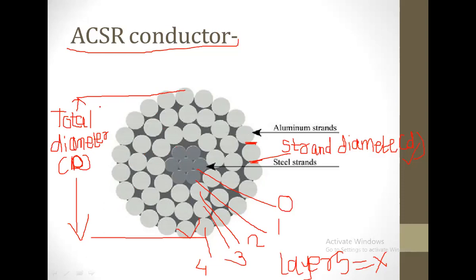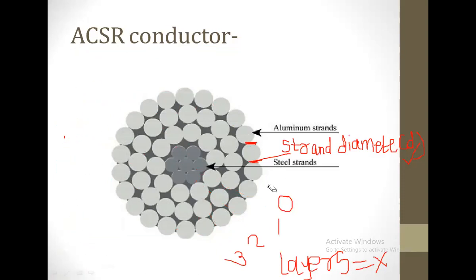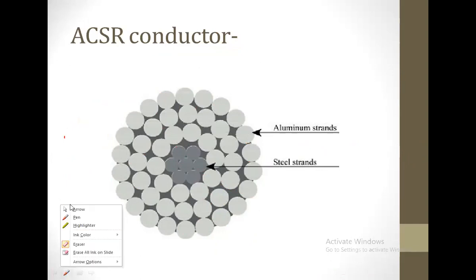First of all, we have to know the actual total diameter, strand diameter, and the layers. For that reason, I showed you the structure of the conductor. So this is the internal structure of the ACSR conductor.